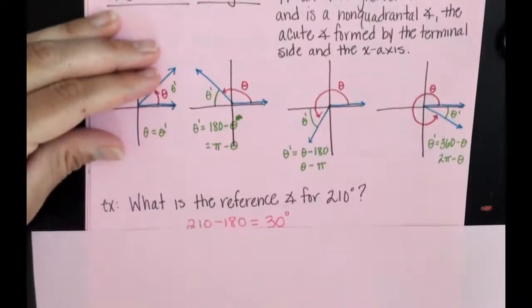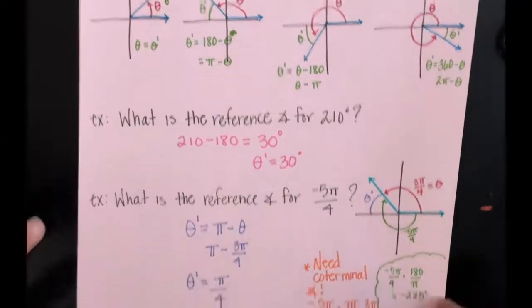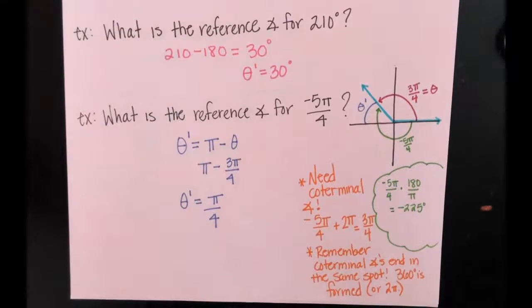So the first thing is I just did two very quick examples, because they even asked it in the book, figure out what the reference angle is. I didn't draw the first one because I didn't need to. I could see that 210 was definitely bigger than 180 degrees, so I knew to keep that measure a positive reference angle.